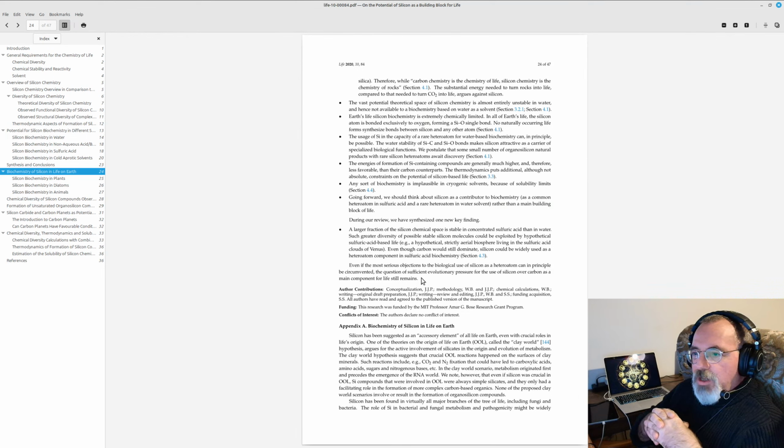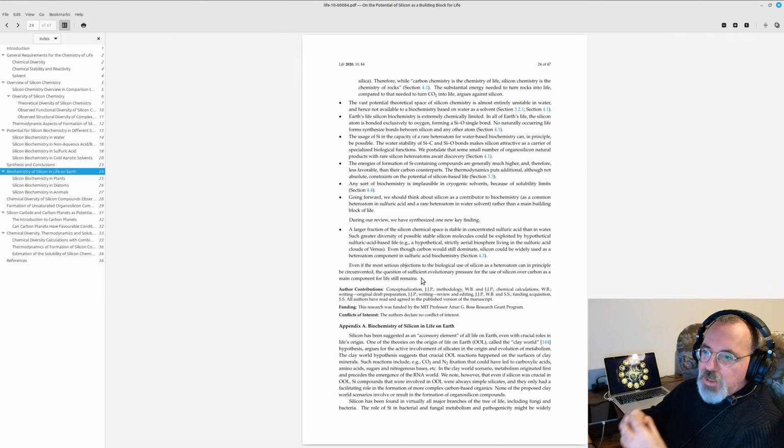There is evolution, the change in alleles in a population over time, which could conceivably select for a silicon heteroatom, or in the original abiogenesis that goes from basically non-life to life.